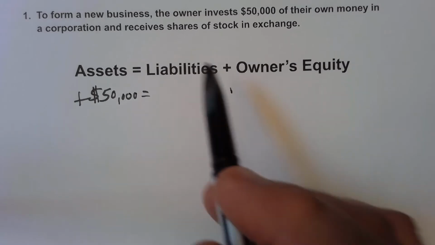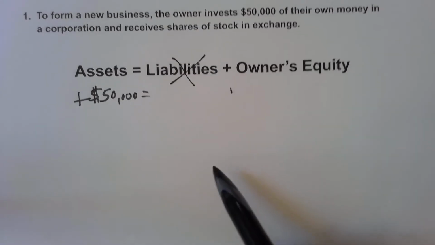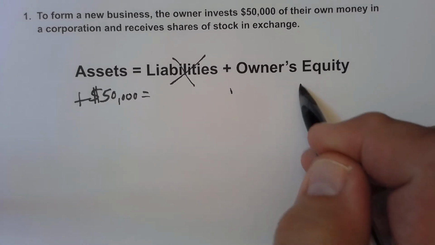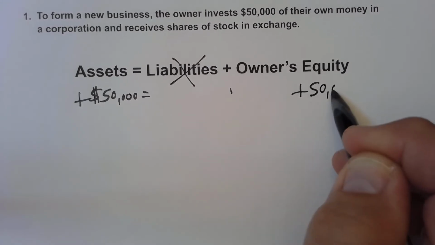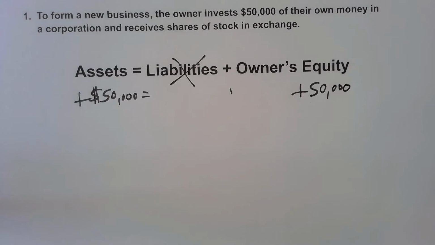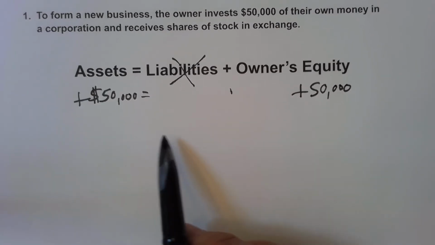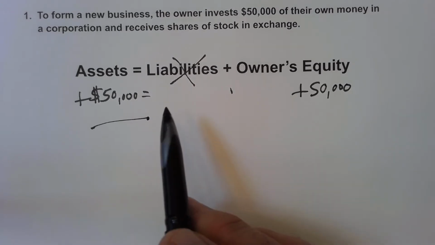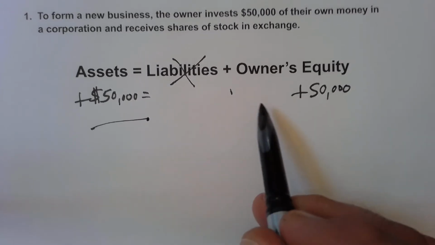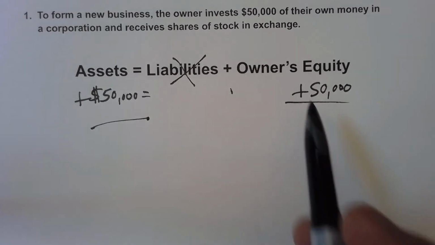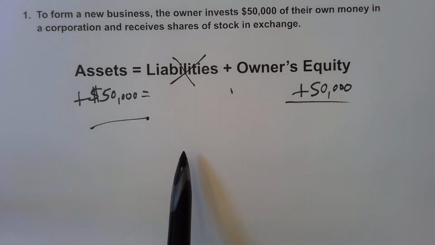The company didn't take on any liabilities, so the $50,000 goes to increase the owner's equity by $50,000. So we have $50,000 on the left side of the equal sign and $50,000 on the right side of the equal sign. Our equation remains in balance. Good job.